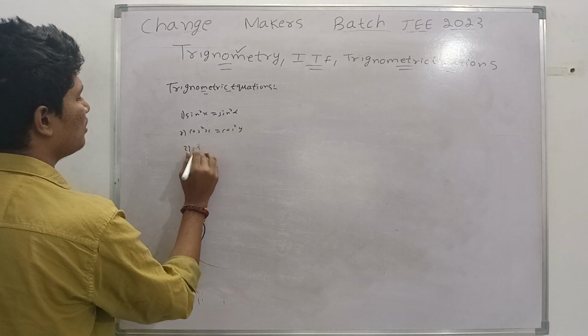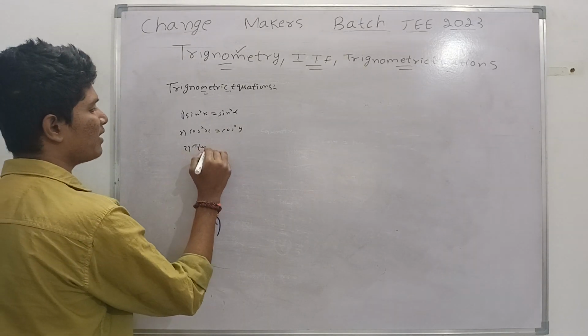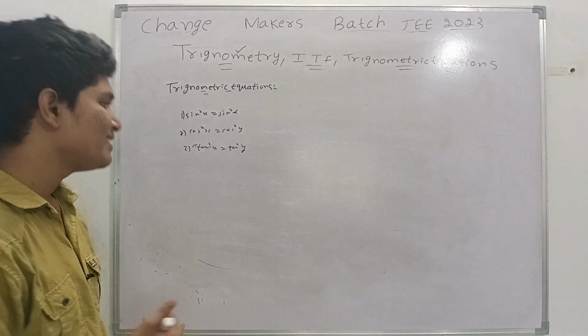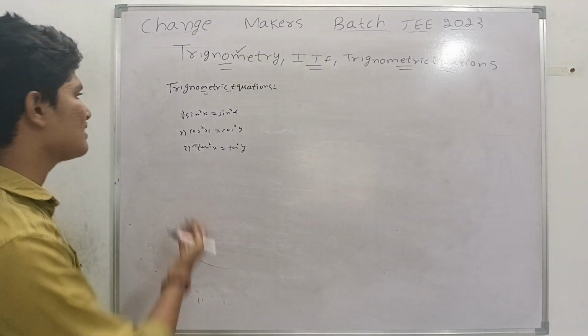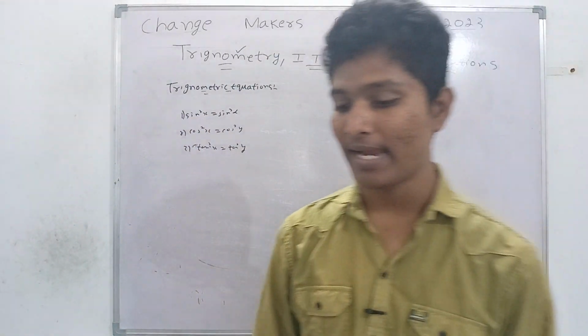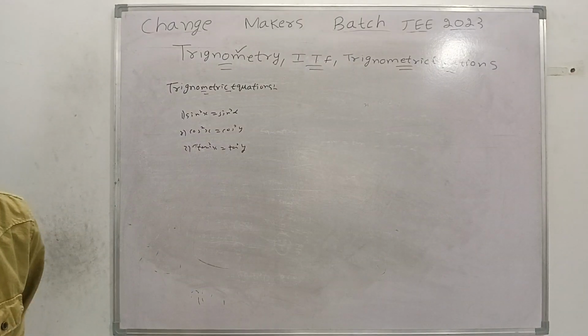And next tan square x equal to tan square y. You can clearly see that secant, cosecant and cot we are not discussing here at all, because in trigonometric equations the main role is sin, cos and tan. So there is nothing else.